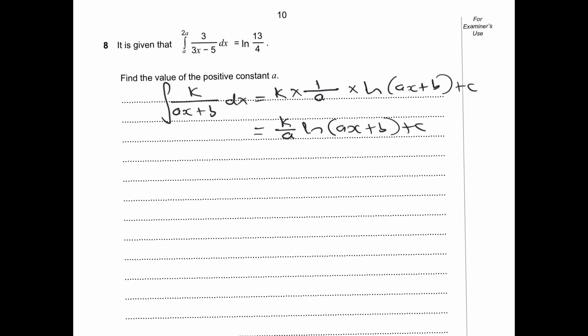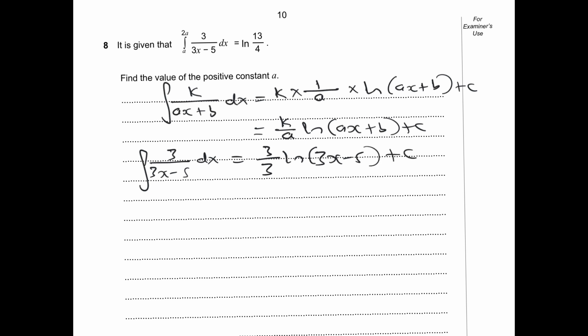So let's start by integrating that. If I integrate 3 over 3x minus 5 with respect to x, what am I going to get? I'm going to get 3 over 3. Remember 3 is my constant, and the derivative of 3x minus 5 is 3. So it's 3 over 3 ln of 3x minus 5 plus c.